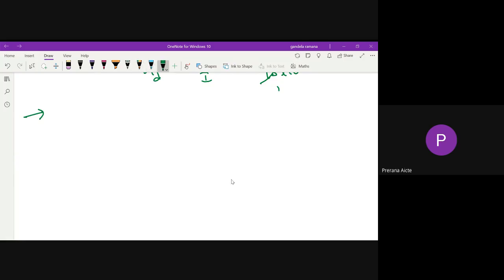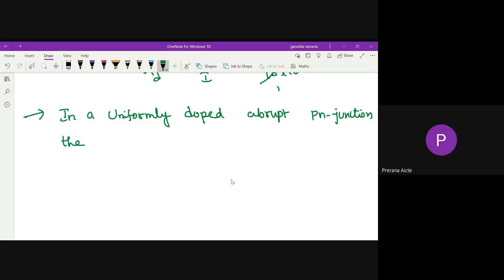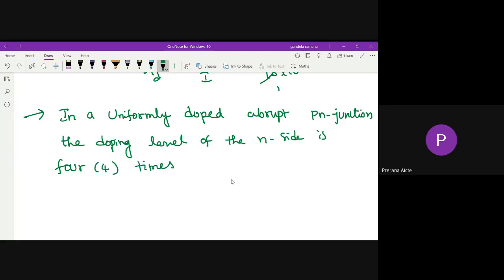In a uniformly doped abrupt PN junction, the doping level of the N side is 4 times the doping level of the P side.